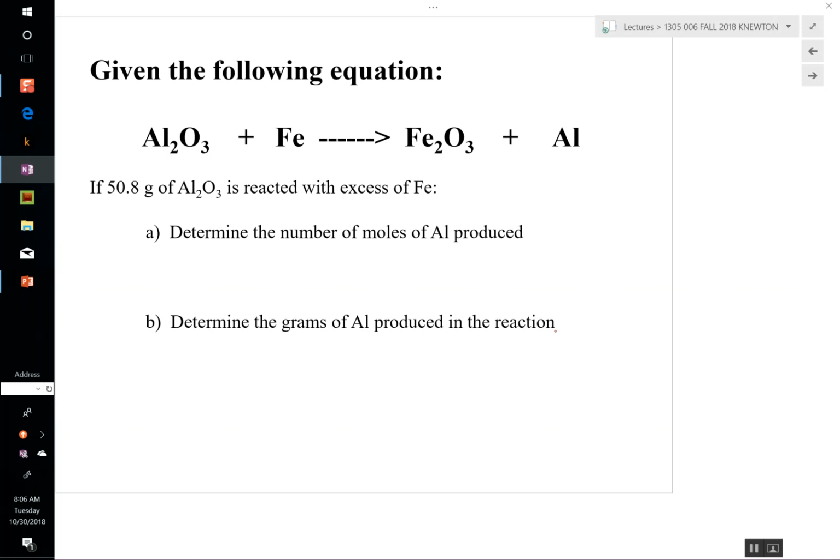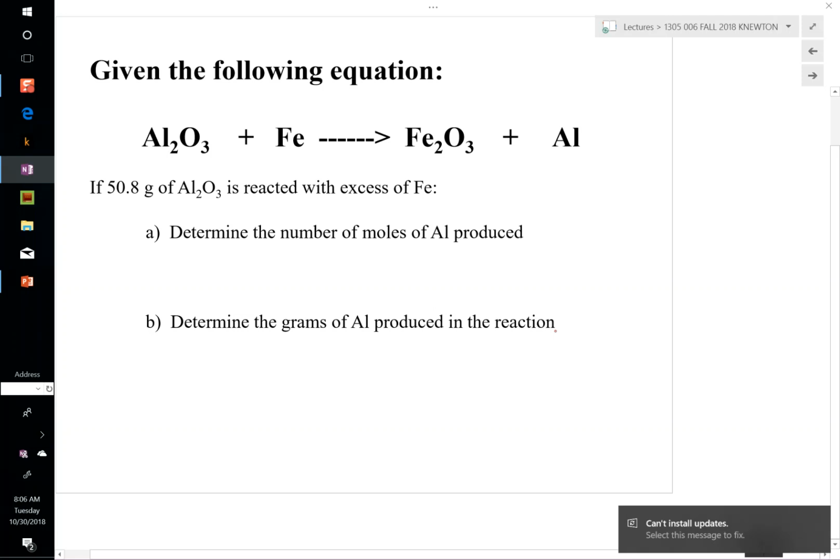And so the first thing here is to determine the number of moles of aluminum that could be produced. So that's our first problem. There's going to be four or five problems we're going to address from this equation, and they're all laid out on these sheets of paper that you have. So determine the number of moles of aluminum.